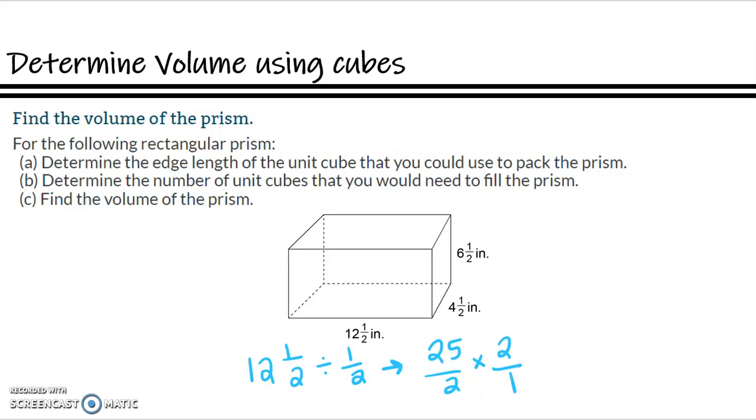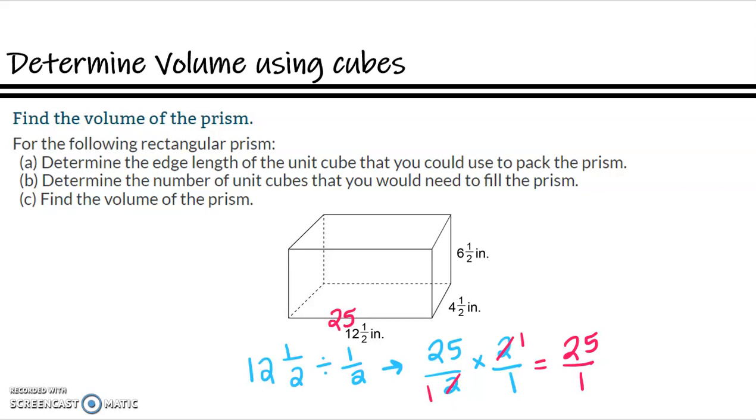Remember at the beginning we talked about how when you're multiplying fractions, diagonal numbers can simplify each other. These are both divisible by 2, so they change to 1s. So 25 times 1 is 25, 1 times 1 is 1. So 25 cubes fit within the length of this.